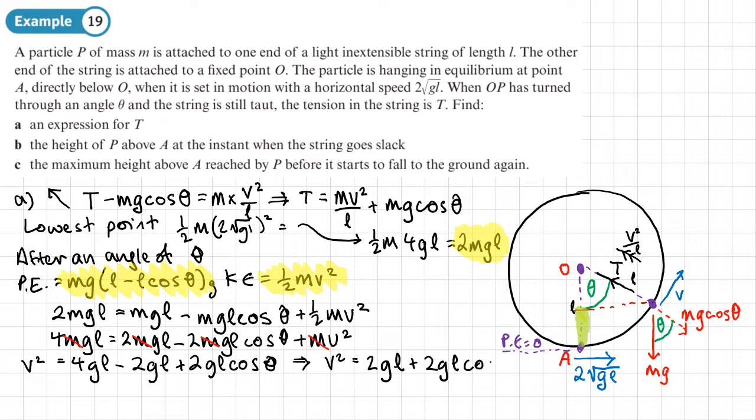I could factorize it if I wanted to, but I'm not going to, because this v squared is what I want to substitute here.